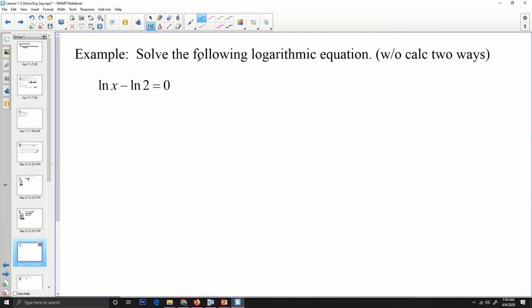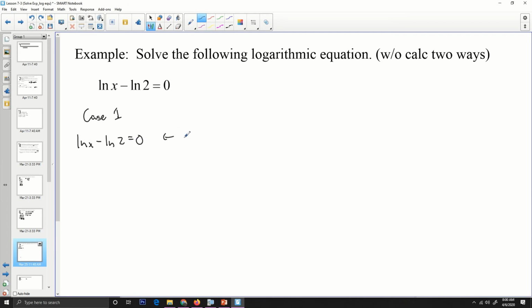All right, so solve the following logarithmic equation without a calculator in 2 ways. Let's do case 1 here. Let's go ln of x minus the ln of 2 equals 0.